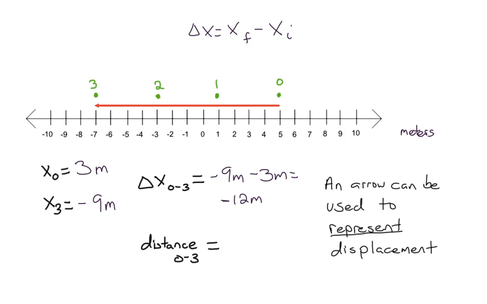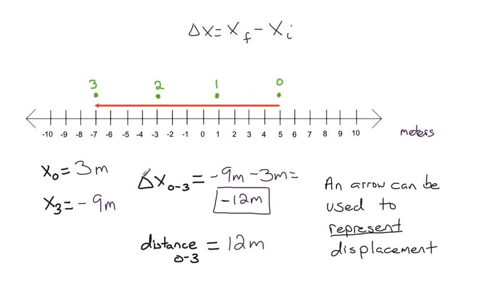One last thing, the distance is not negative 12. Distance doesn't have a plus or a minus sign, it's just a path length. So the distance the object traveled is just 12 meters. And here's one of the differences between distance and displacement. Distance just tells you how far you traveled. You've traveled 12 meters from this time to this time.